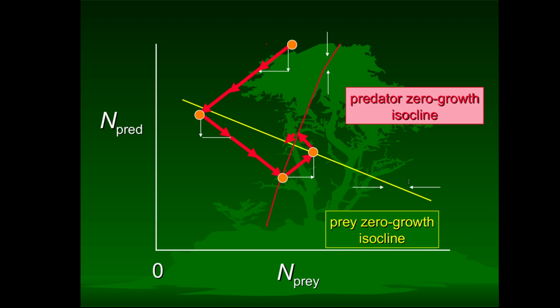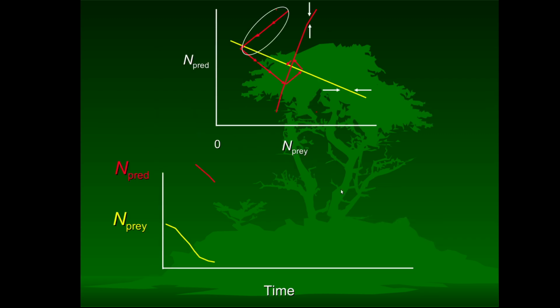So the four quadrants show: upper left, both decrease. Lower left, the predator decreases and the prey increases. Lower right, both increase. Upper right, the predator increases and the prey decreases.